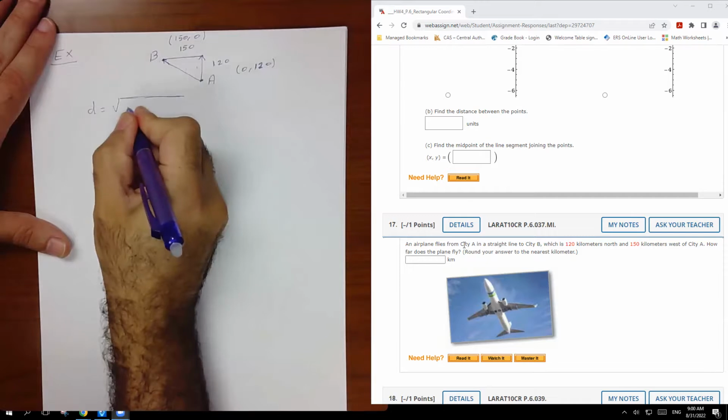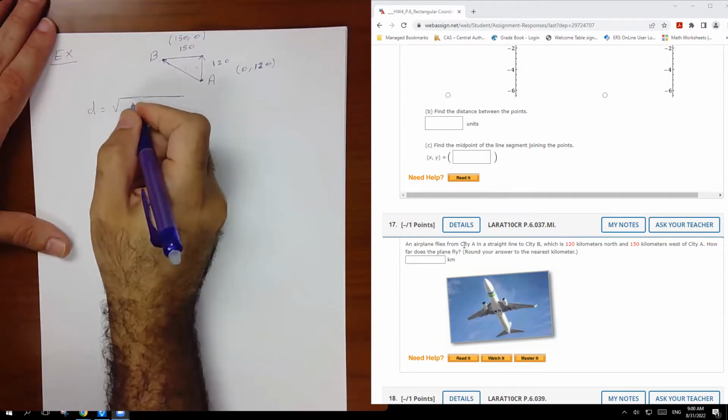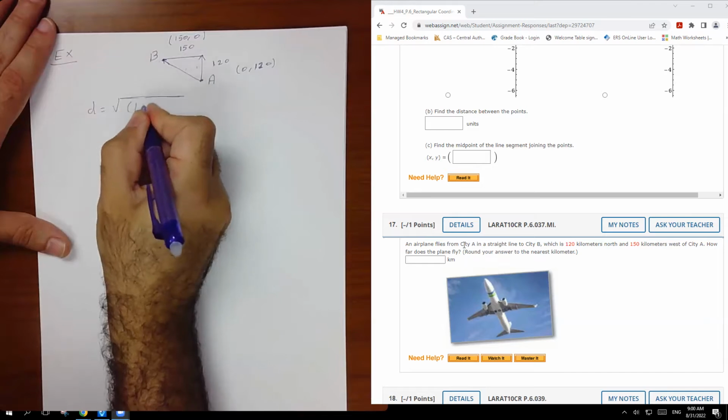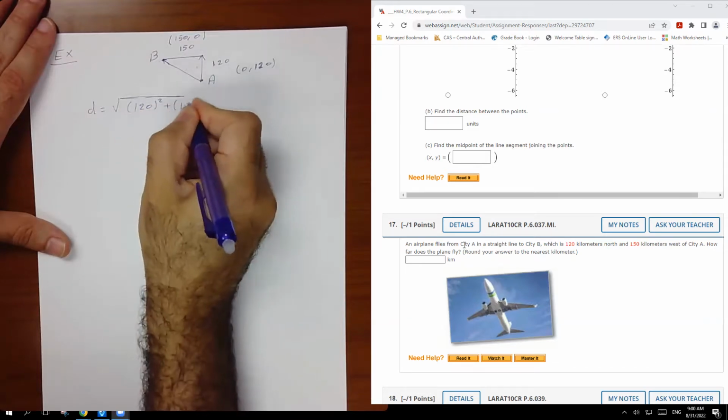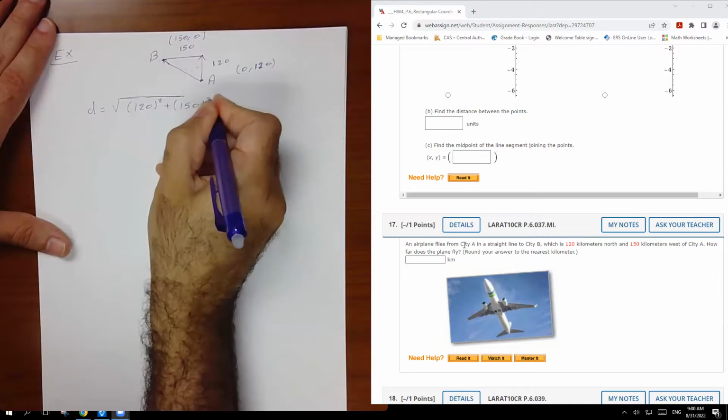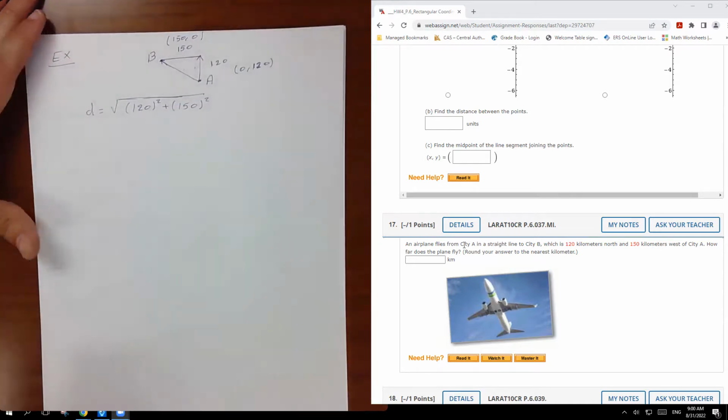Or you're going to say this is 120 squared plus 150 squared. So it's going to be a big number.